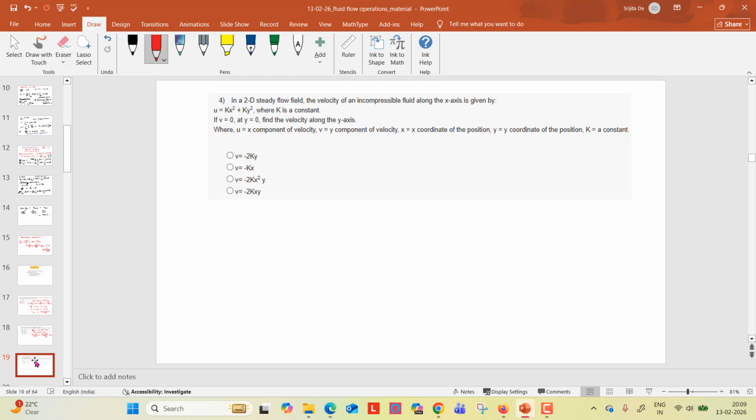For an incompressible fluid, we can write the continuity equation as divergence of v equals 0. That means del u by del x plus del v by del y equals 0, right?